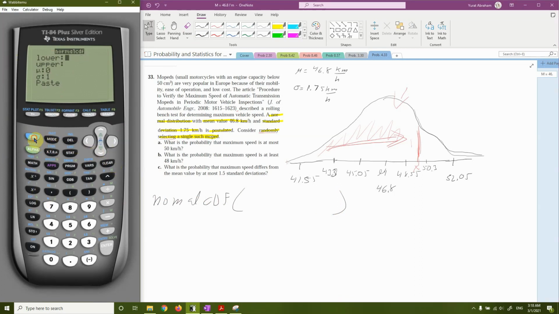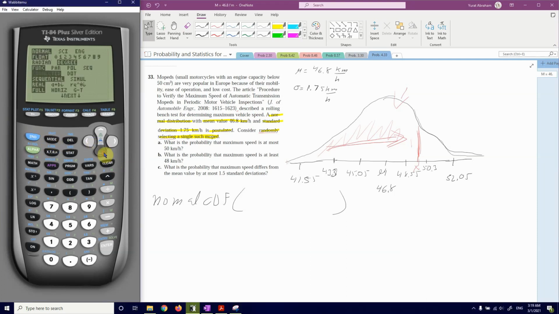Let me show you what I mean. I have to change my mode to be second distribution. And as you can see, the distribution gives you all the different distributions. You have your normal distribution, your t distribution, and a bunch of other ones. But in this one, we're working with normal distribution. Okay, you might have it like this.